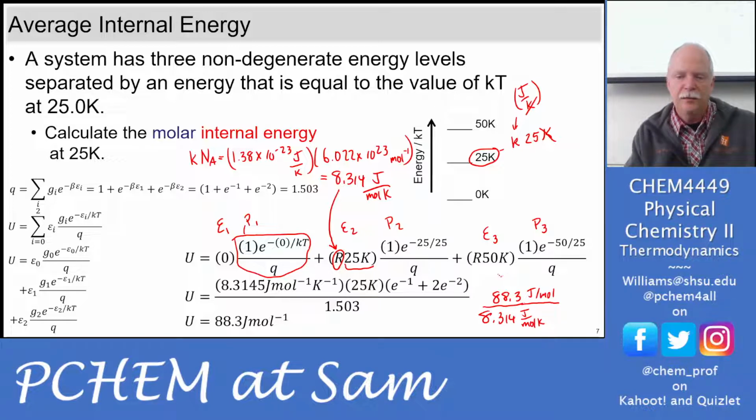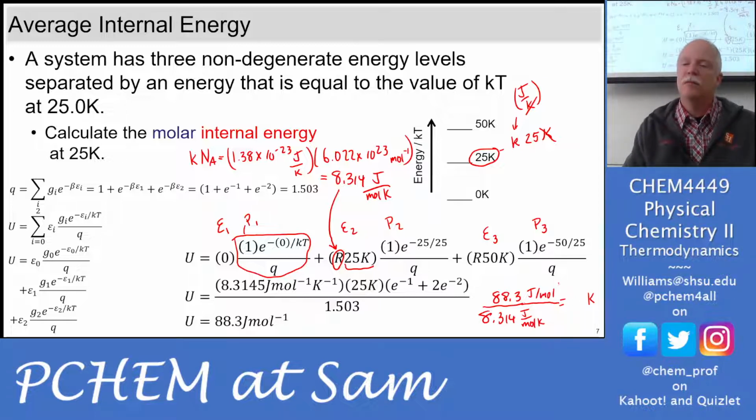What's the unit I get? Kelvin, okay. So can someone calculate that? What is that? 10? Okay. I'll say 11. 11 Kelvin. Okay. So that's the average internal energy right here at 11 Kelvin.